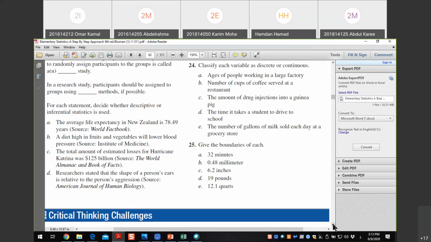The time it takes a student to drive to school. The time in general is what? Discrete or continuous? Discrete. You have hours, and a subset of the hour is minutes, and a subset of that is seconds, and you have fractions of a second.